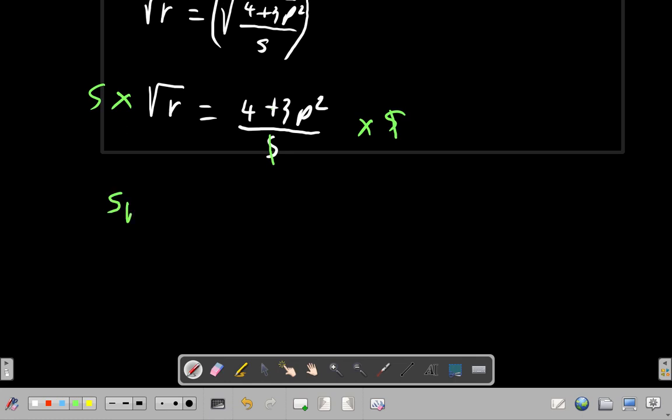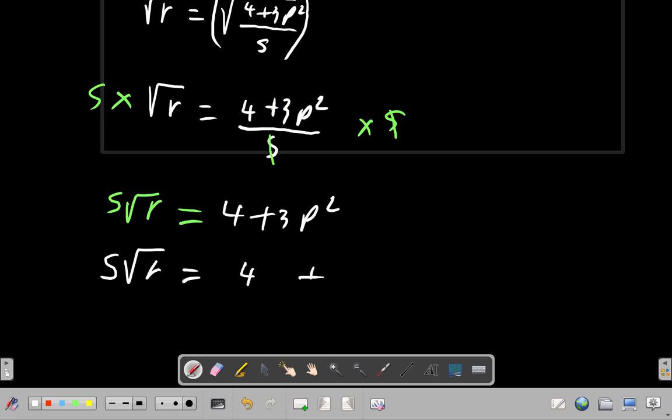So you have s square root of r equals, now you have 4 plus 3p squared. It is much easier and neater to get rid of this 4 first. What do you do? You subtract 4, of course. We're going to get s square root of r equals 4 plus 3p squared. But guess what now?